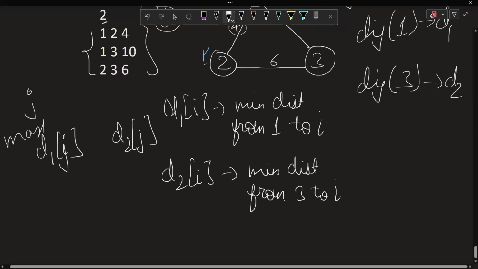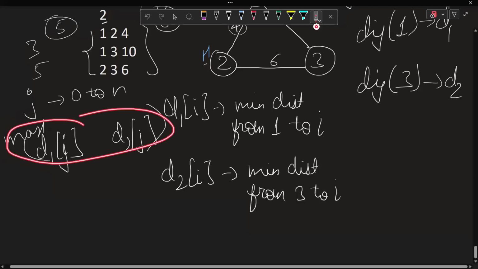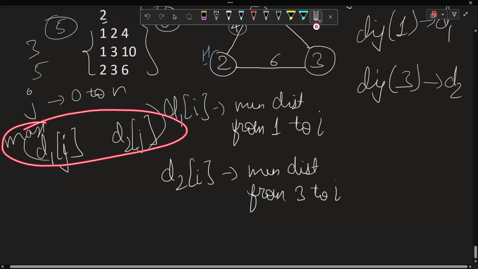The maximum among them would be the time of meeting. If one person is taking 3 seconds and one is taking 5 seconds, they would meet at the fifth second, the maximum. So you would go over all j from 0 to n and minimize this value, taking the minimum among all the max of d1 of j, d2 of j, for all j.